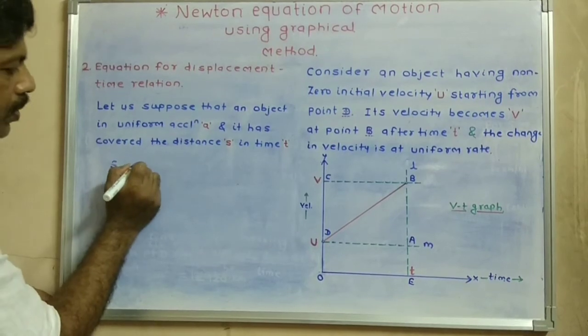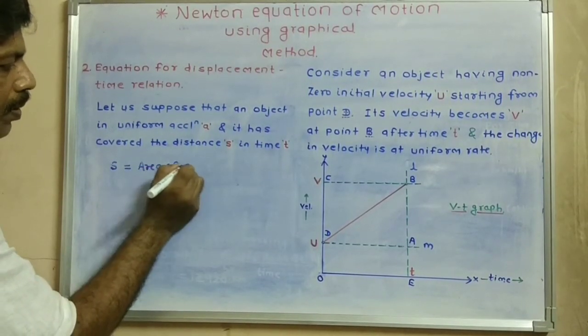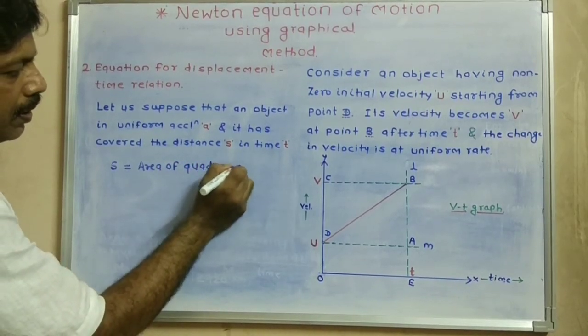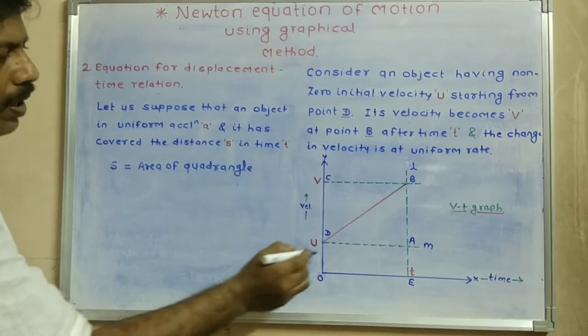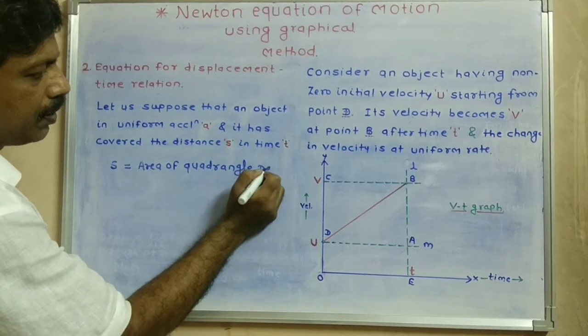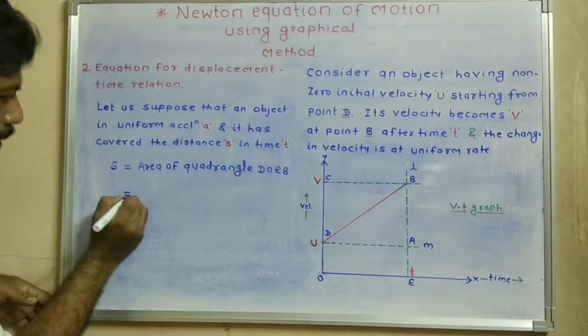Therefore, S is equal to the area of quadrangle DOEB.